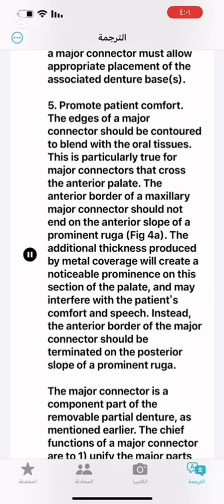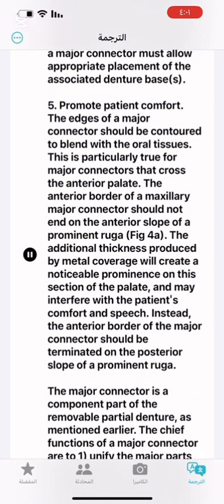5. Promote patient comfort. The edges of a major connector should be contoured to blend with the oral tissues. This is particularly true for major connectors that cross the anterior palate.